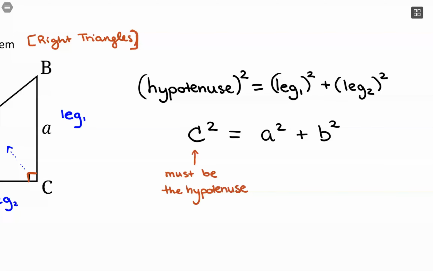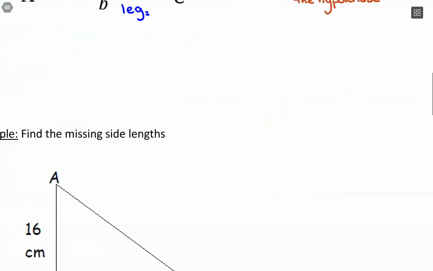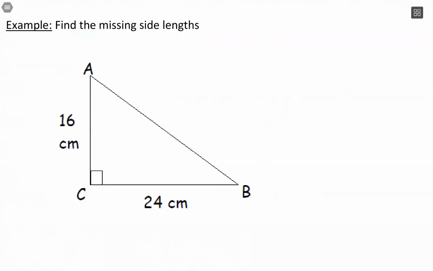So let's try this out. Let's say we have this triangle right here. We want to make sure it's a right triangle, so you'll see a symbol so we know we're good to use the Pythagorean theorem. Then we just want to make sure where our hypotenuse is. It's going to be side length AB, again, across from the right angle. So this would be our hypotenuse. I'm just going to call it c.